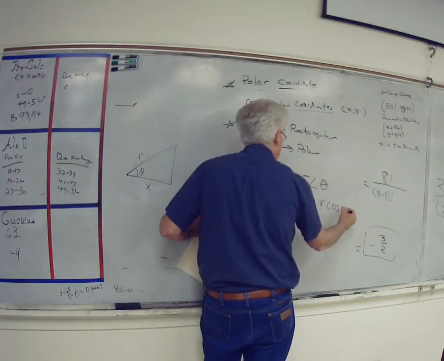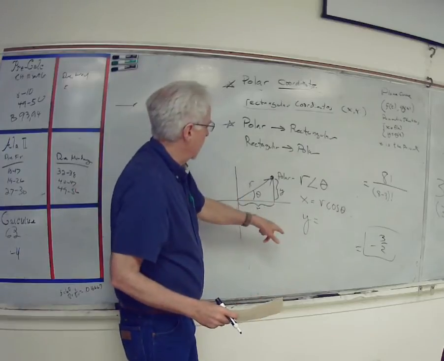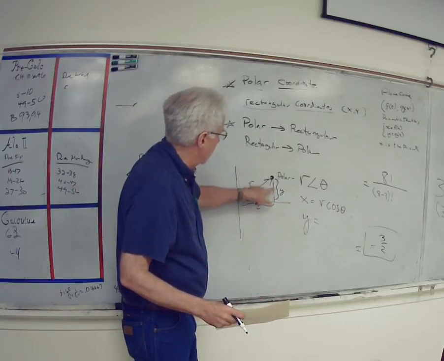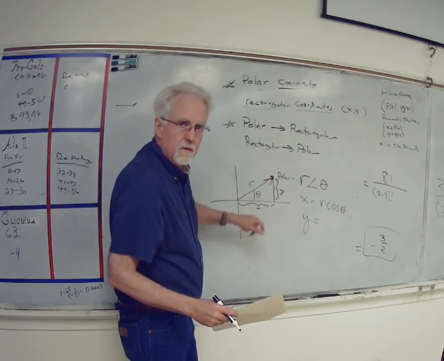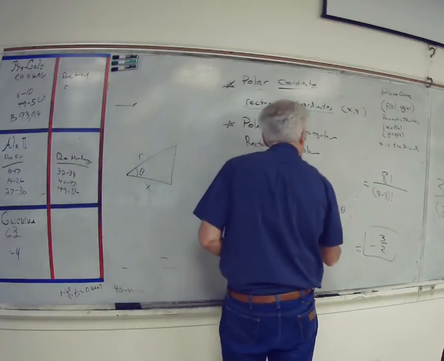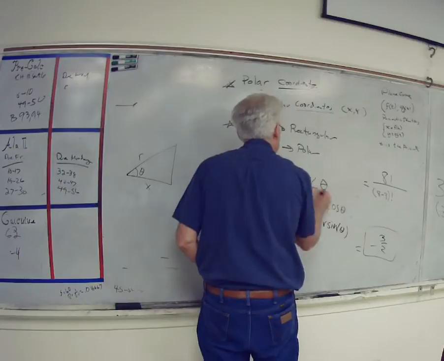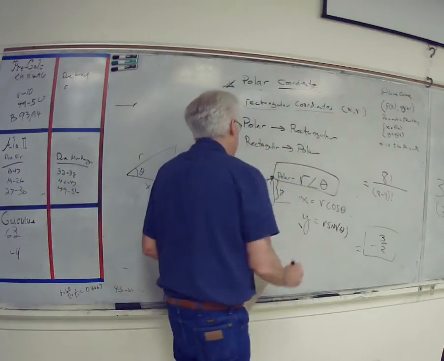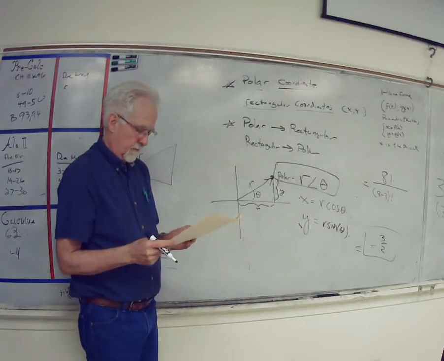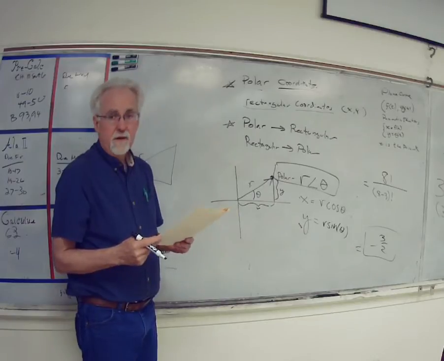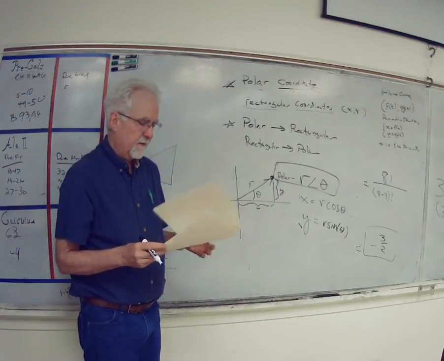Does that ring a bell? Yes, sir. So Catherine, if x is r cosine theta, what is y? Y would be r sine theta. Boom, r sine theta. So how hard is it to go from polar to rectangular? Not hard. It's very, very easy.